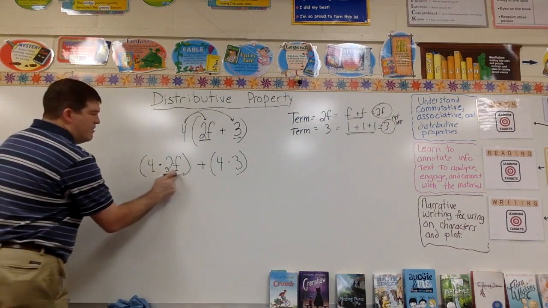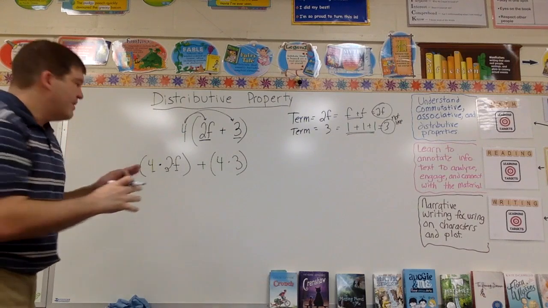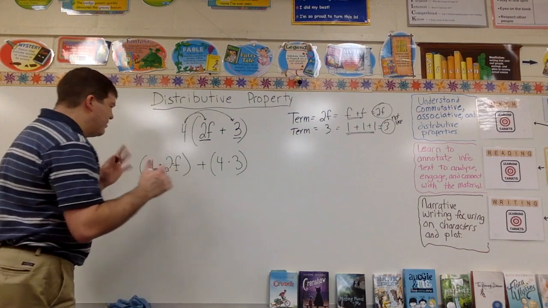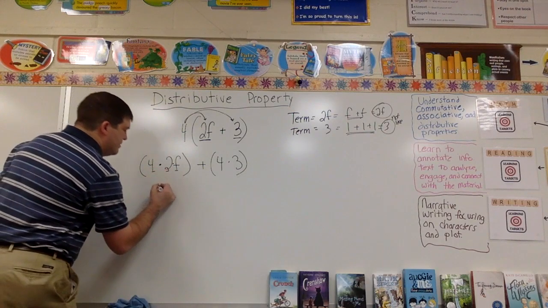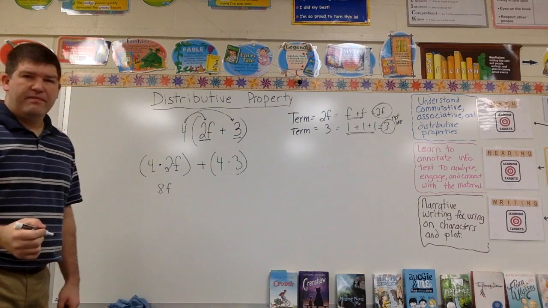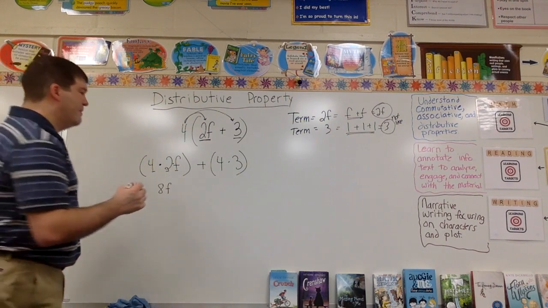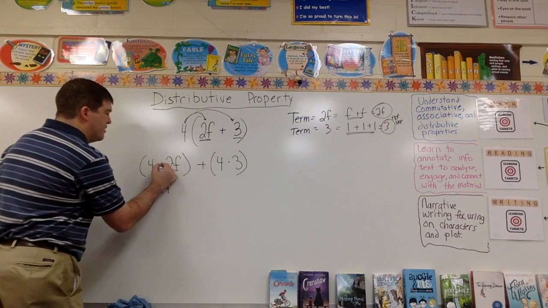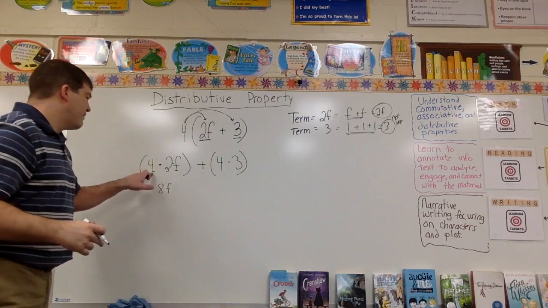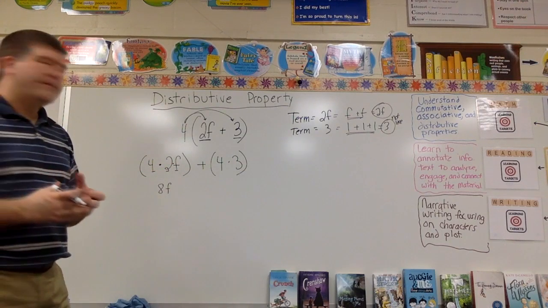So it doesn't matter what order, what number, what anything. I can put these together and I'm going to be okay. So 4 times 2 is 8 times f is 8f. I can put that together, okay? Because it's all multiplication. It's like I'm multiplying 3 things. I'm multiplying 4, 2, and f, and I can put it all together.